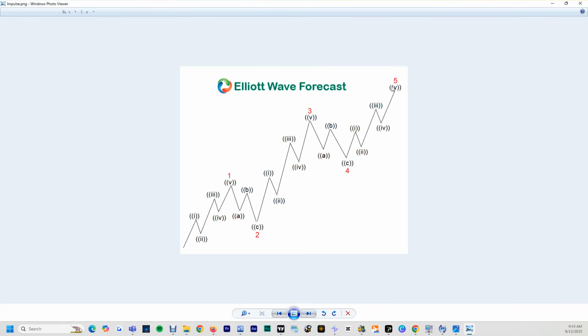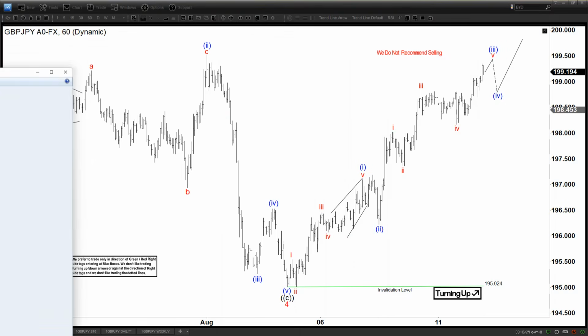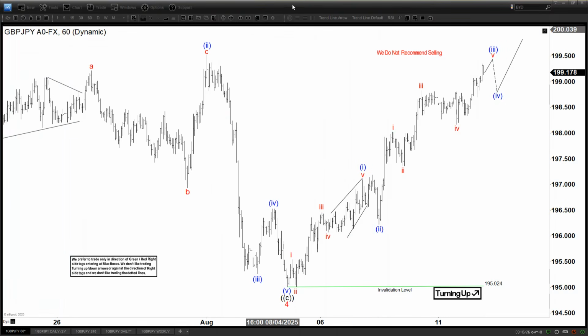Now within wave 5, specifically we are still within wave 1 of 5 here. Wave 1 itself, in black, subdivides into another 5 waves, right? This is fractal theory, where every wave subdivides into smaller waves. So within this wave 5 in the minute degree in black, it subdivides into another 5 waves, just in blue, right?